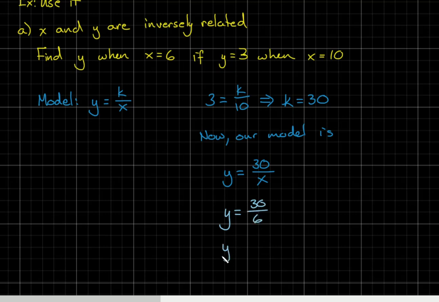And what do we get for y? 5. So check it out. If I said, what is y when x is 6, what do we just find? When x equals 6, y equals 5.